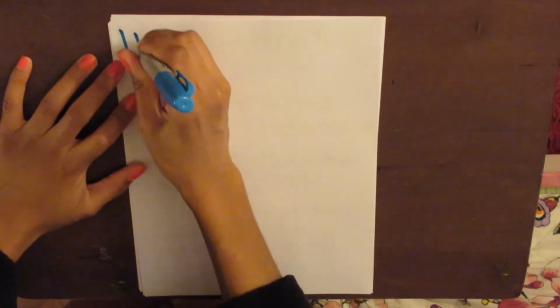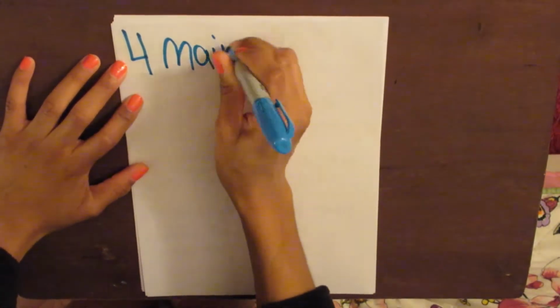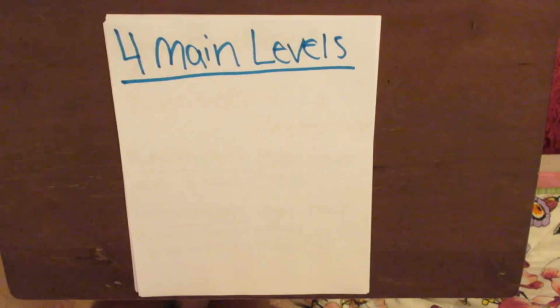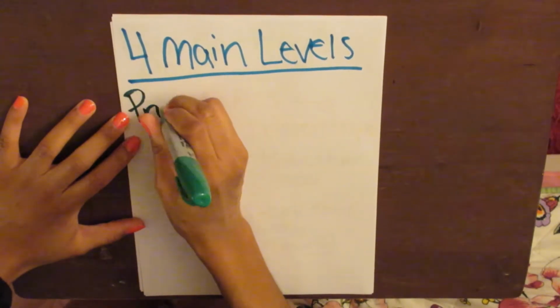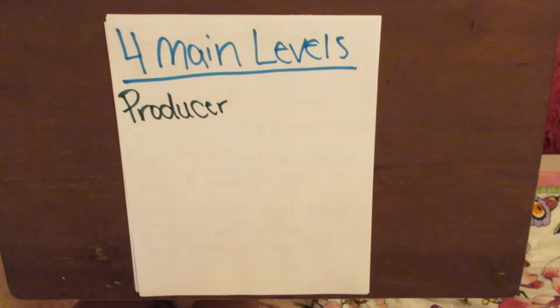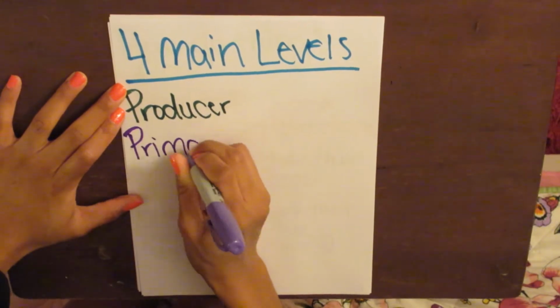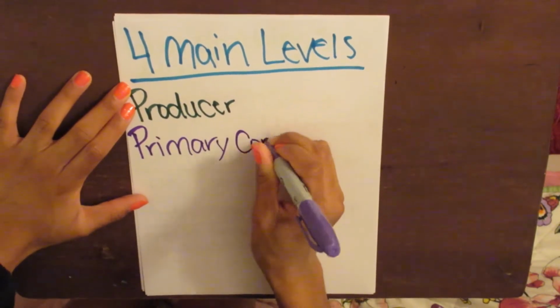I already briefly mentioned this, but we are going to be focusing on 4 main levels of the food chain. Honestly, there can be more, but we're going to keep it basic at those 4 main levels. We have our producers. We have our primary consumers, which are our first level consumers.